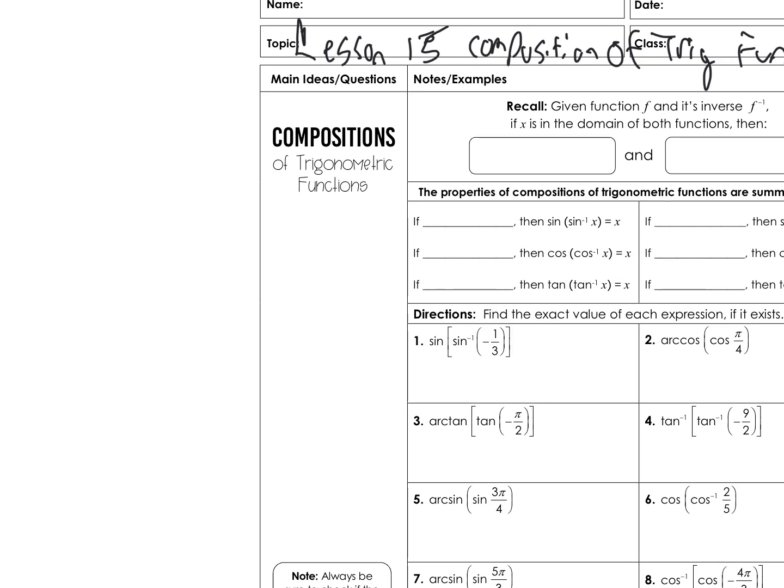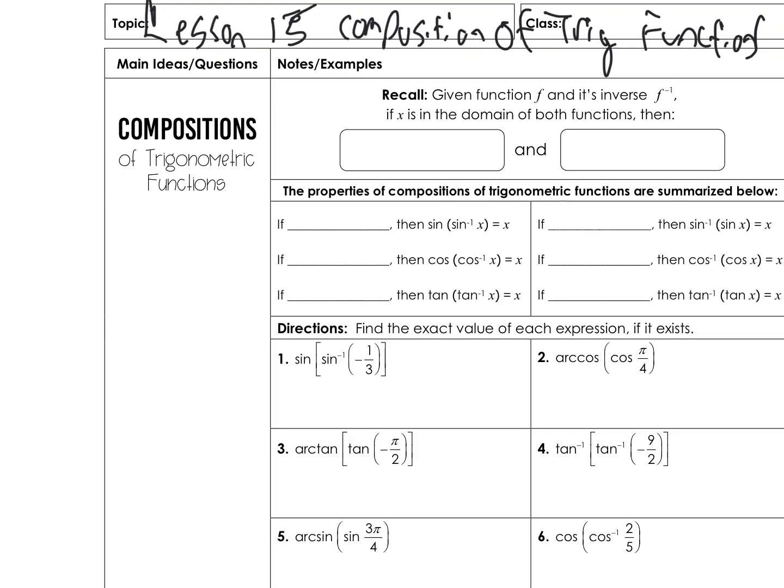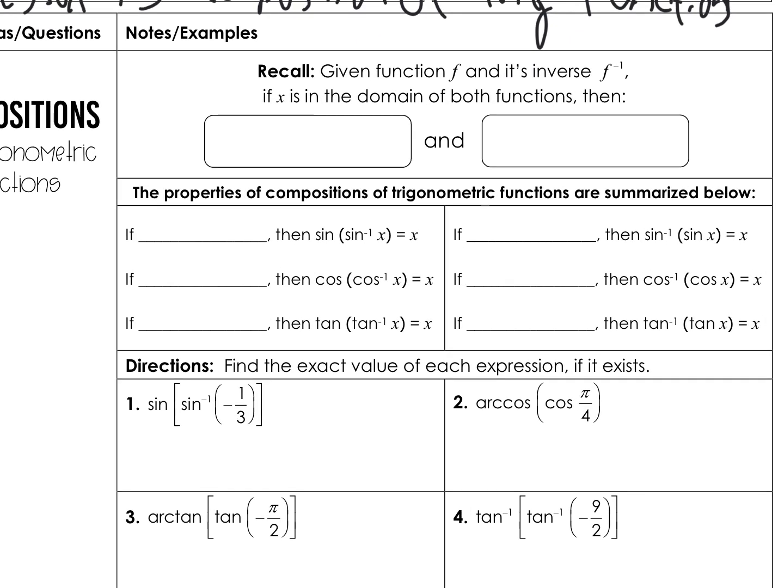If you recall, we have two functions, one is called f, and then we do the work and find its inverse. We can put them together and say f of the inverse of x will give you, we've done this before, x.